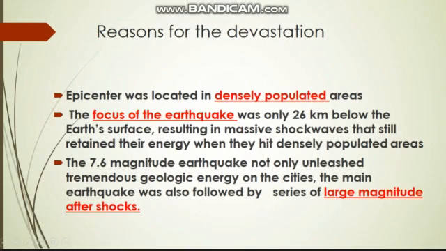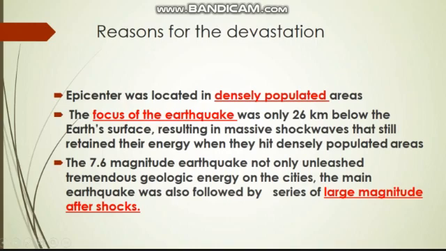Now, the reasons for the devastation. Why did we see such a large devastation here in Pakistan? First, the epicenter was in the densely populated area of Muzaffarabad. Muzaffarabad at that time was very densely populated, and it was a mountainous area as well. The focus of the earthquake was only 26 kilometers below the earth's surface.